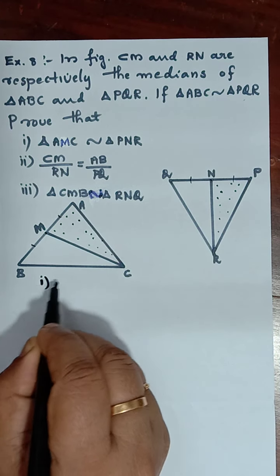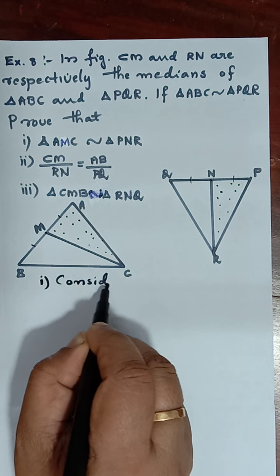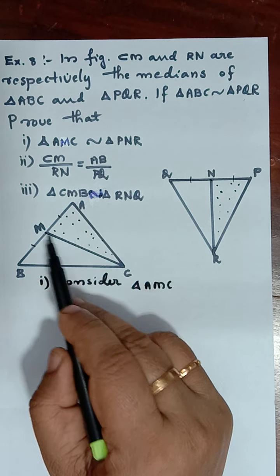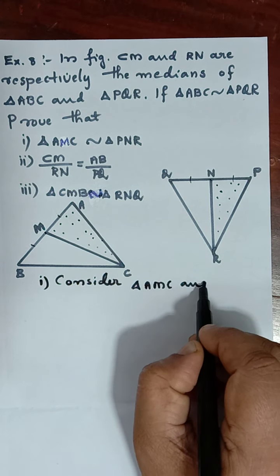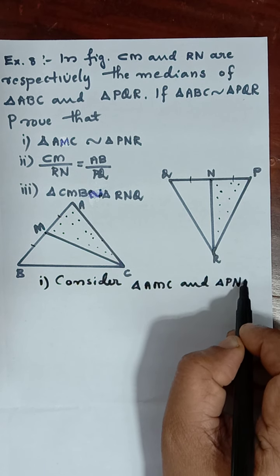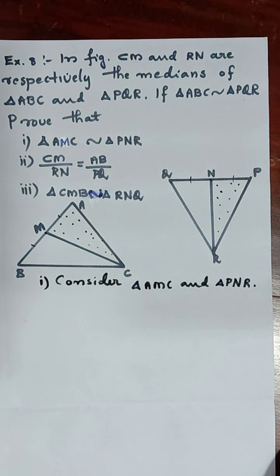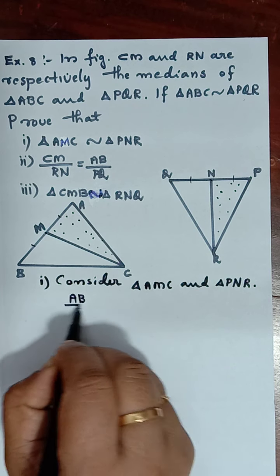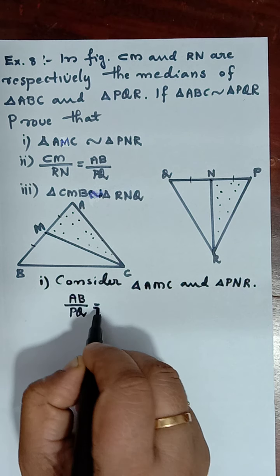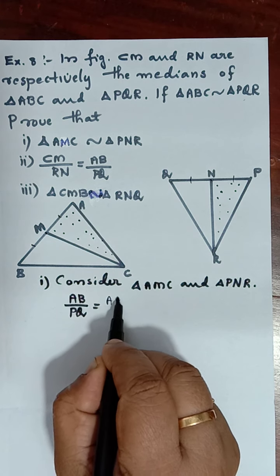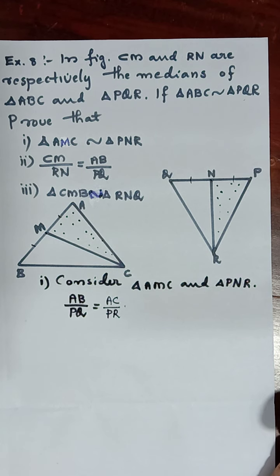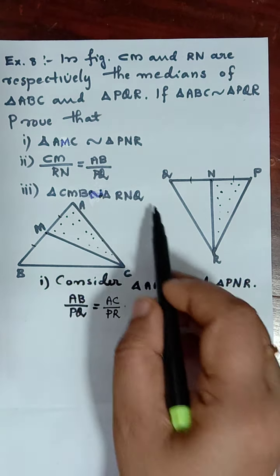So let us write it as: consider triangle AMC and triangle PNR. Here we have AB by PQ is equal to AC by PR. The third proportionality, BC by QR, I don't take because I don't want it here.